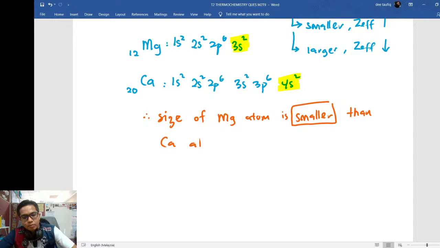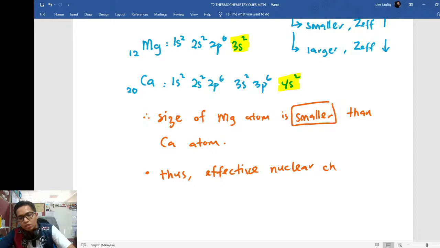Then calcium atom is larger. Thus, the effective nuclear charge for magnesium is stronger than in calcium.